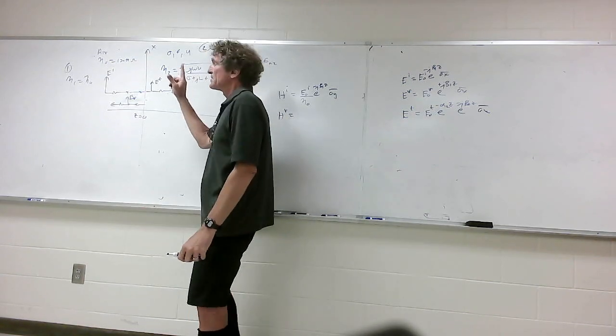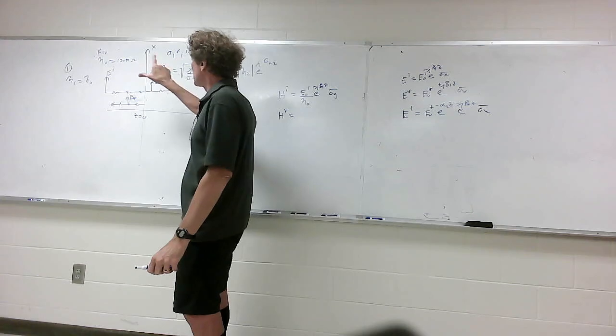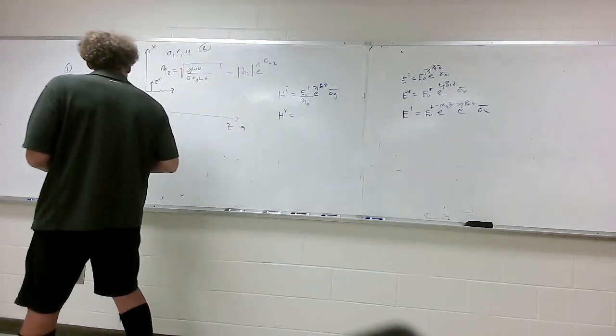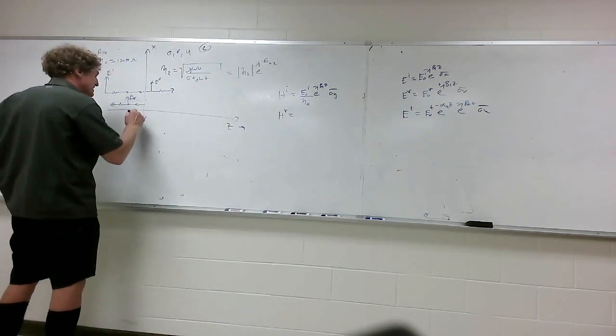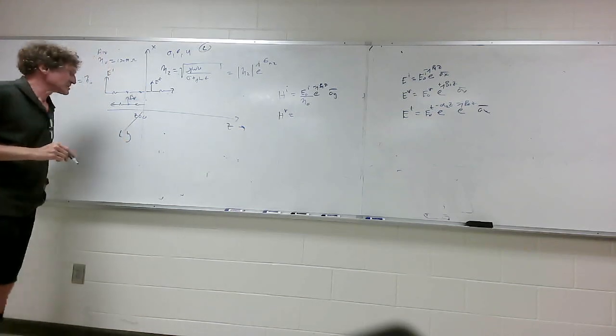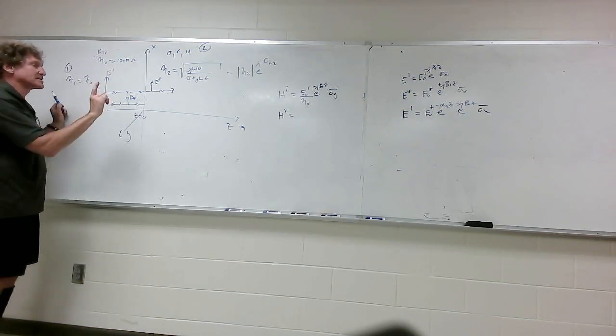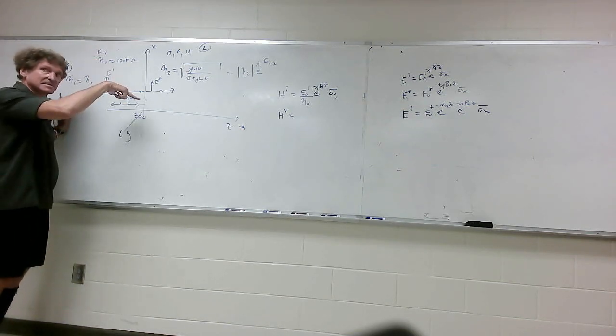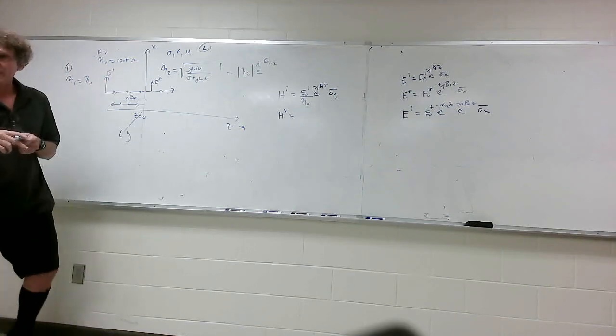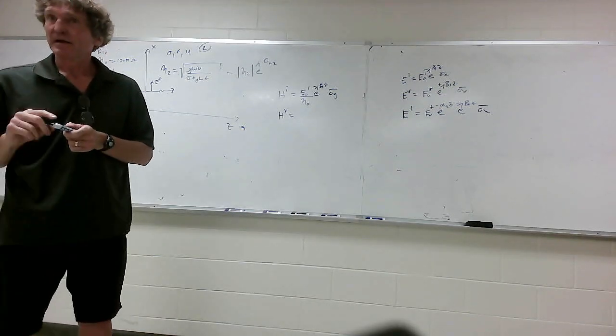Electric field's vertical, it's propagating that way, right? So if that's X, Y's out of the board, isn't it? X cross Y is Z, right? Right-hand coordinate system. You all know what I'm talking about here? Well, if it's propagating that way, which way is H? E cross H would be in the minus Y direction. You all see that? And you can get it with the other rules.